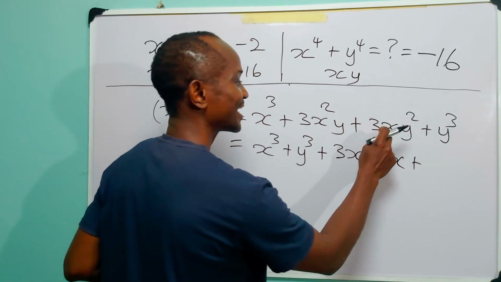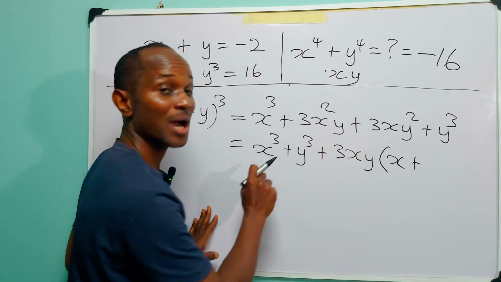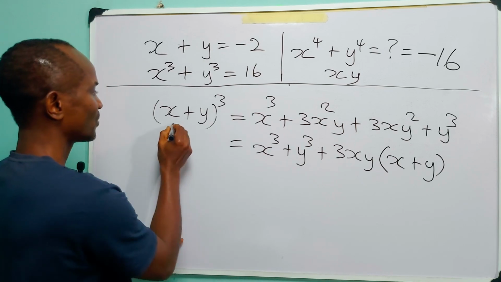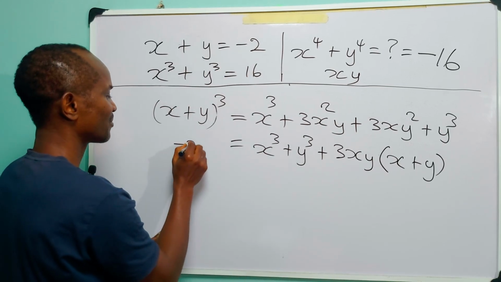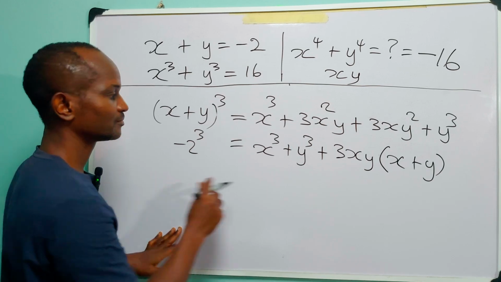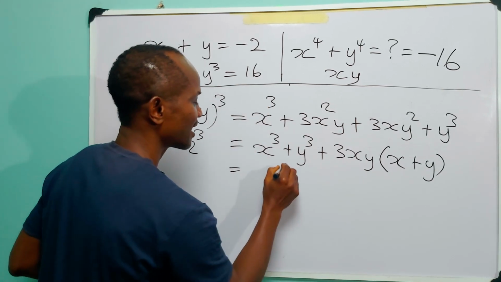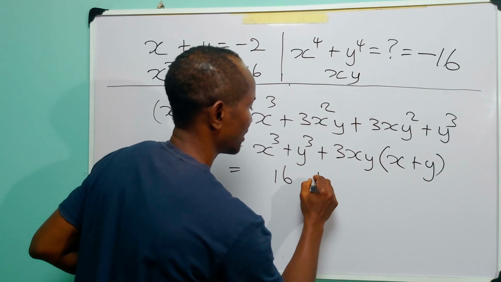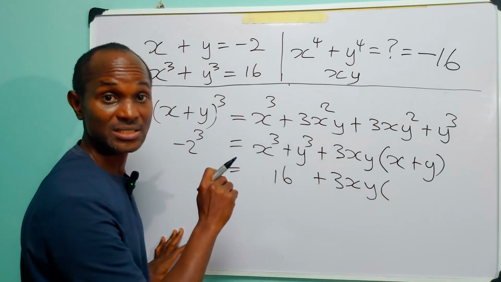And when you do 3xy squared divided by 3xy, you have y. Now we have a value for this, which is minus 2, so we have minus 2 cubed. Here we have a value for this, which is 16. So we have 16. We have 3xy, and of course this is minus 2.